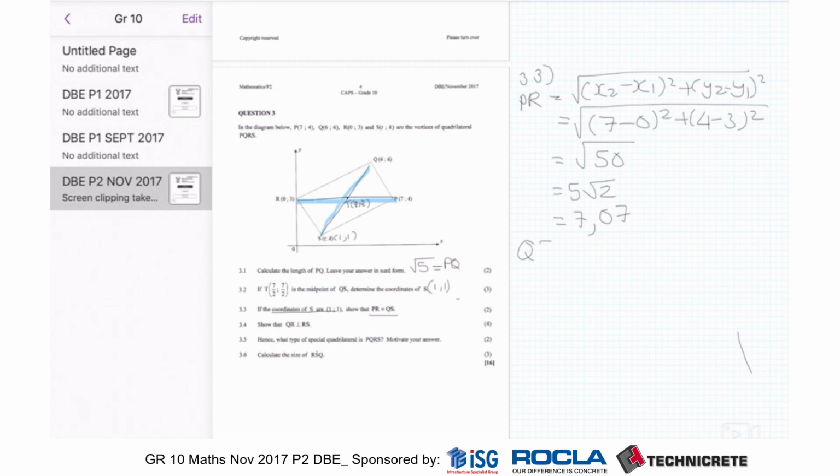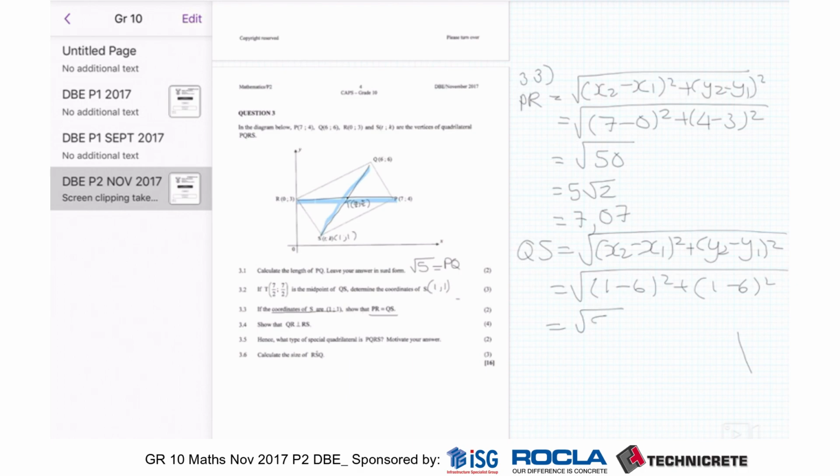Let's next do the other one, QS. x2 minus x1 squared plus y2 minus y1 squared. Root, we've got 1 minus 6 squared plus 1 minus 6 squared, which is going to be 5 and 5.